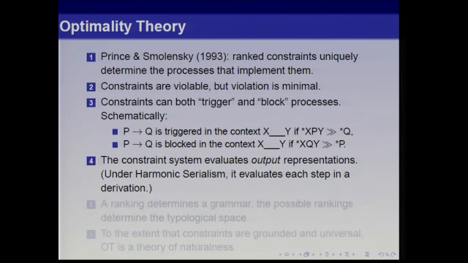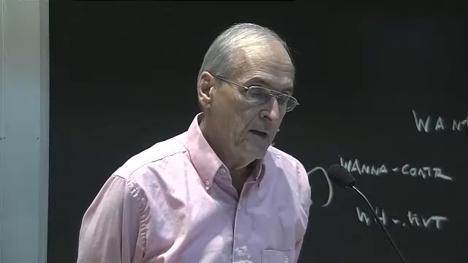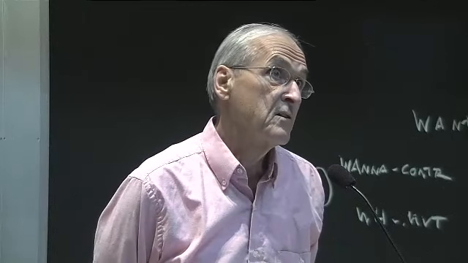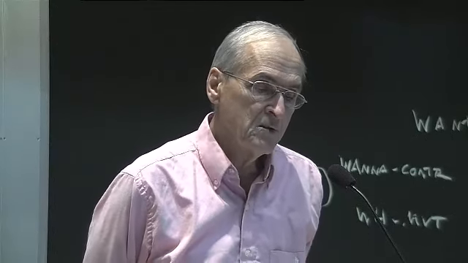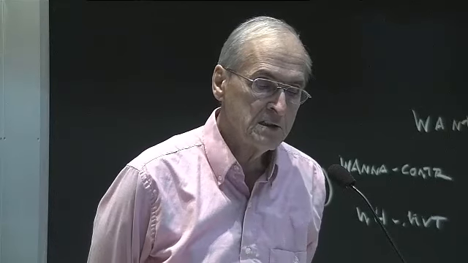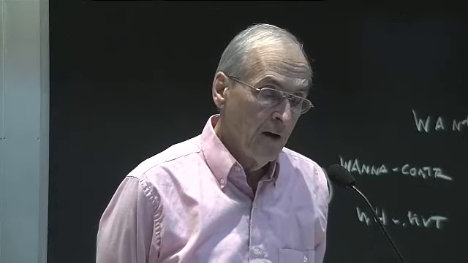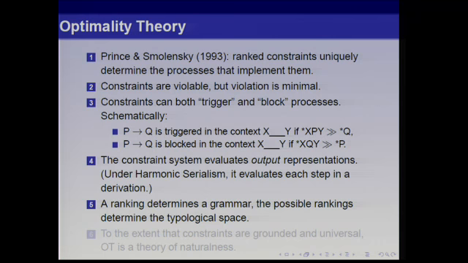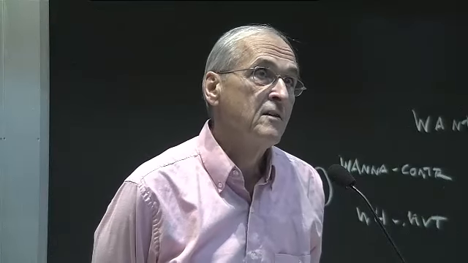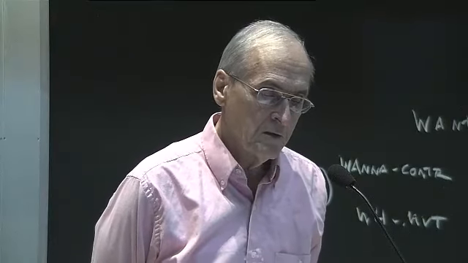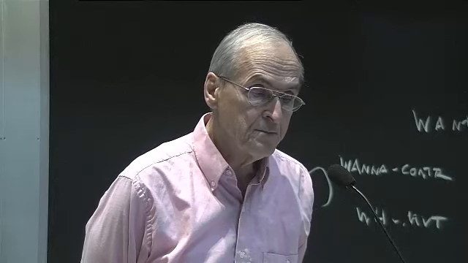And the key idea was the constraint system evaluates output representations, so the mapping between output representations and input representations through faithfulness constraints. And ranking determines a grammar, the possible rankings, a typological space. So it's also a theory of naturalness, to the extent that the constraints are grounded and universal.